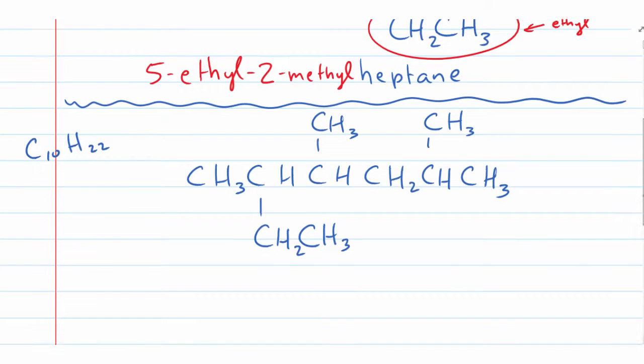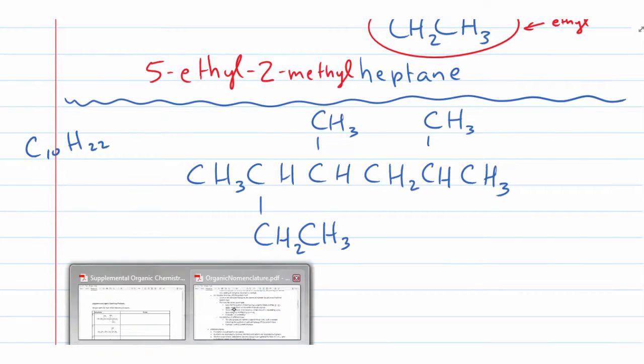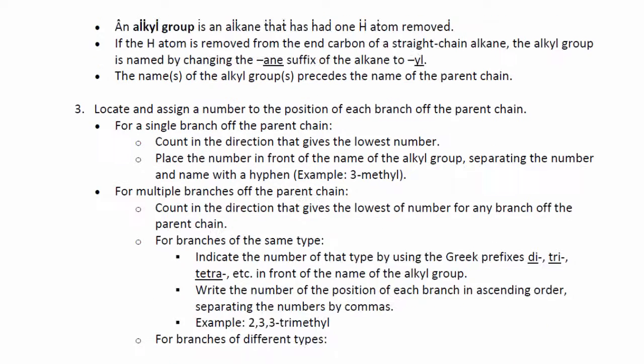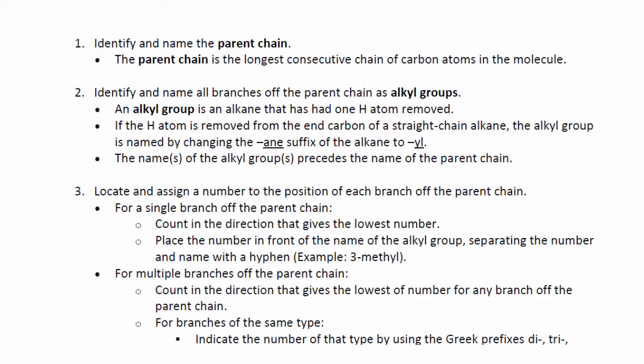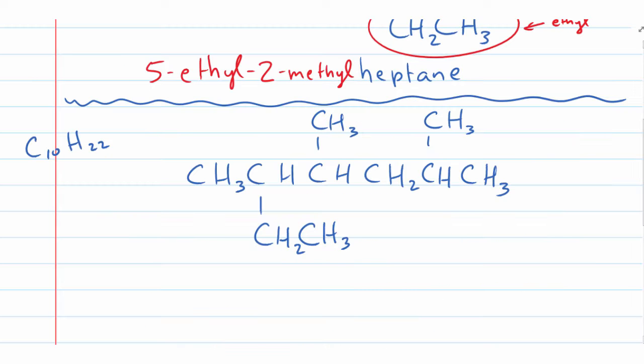Now, the next question is, we want to name this, so we go back to our rules, and we want to identify and name the parent chain, which again is the longest consecutive chain of carbon atoms in the molecule. What is the longest consecutive chain of carbon atoms in this molecule? 6. I hear 6 and I hear 7. 7.